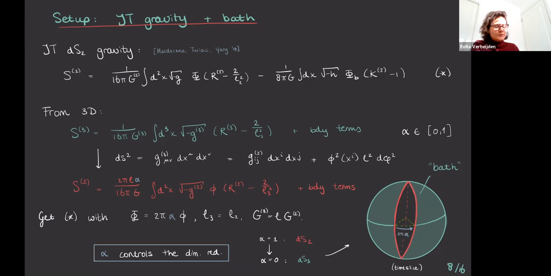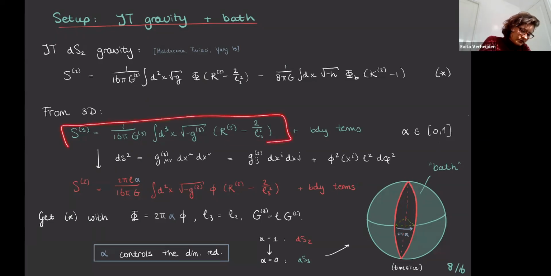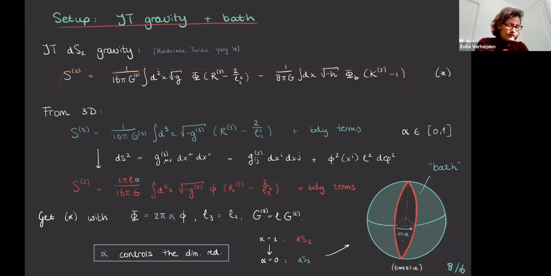Maybe one thing that we should be careful with is that this action still holds here in this region, and it's only here that we have this action. And we're no longer thinking about the 3D geometry there.